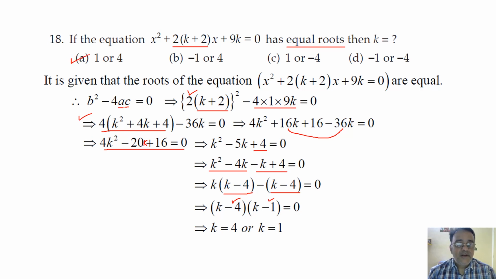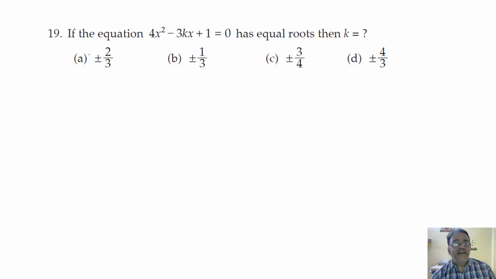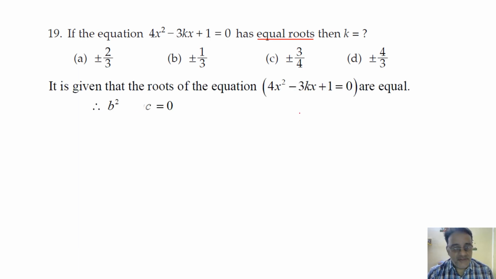Right. So now we are moving toward question number 19. If the equation 4x square minus 3kx plus 1 equals 0 has equal roots, again equal roots, then find the value of k. So for equal roots, D equals 0, that is b square minus 4ac equals 0. And what is the value of b here? Minus 3k.